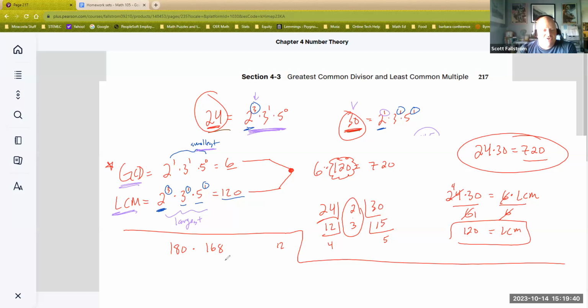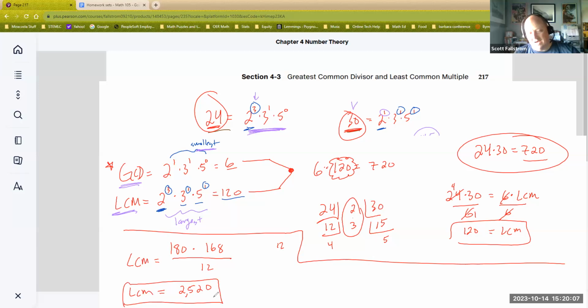If I want to find the LCM, I can multiply those numbers together and just divide by 12. So if I grab my calculator, this is going to be so much quicker than doing the other techniques. 180 times 168 gives me a huge number, like 30,000. Just divide by 12, and you will have the least common multiple. The least common multiple is 2,520.